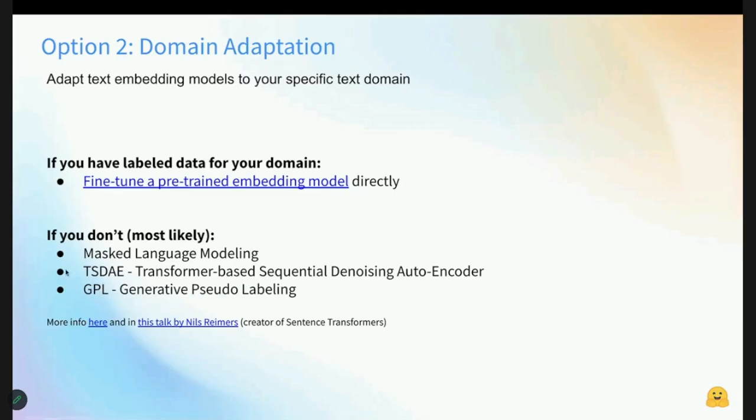There's a lot of research going on here and benchmarking, and I won't go into detail on how these work or why, and we could do that at a later time if you guys want. But just the general idea here is that if you have labeled data, you're going to get the best results. If you don't have labeled data, there are options. They're a bit more involved, and your results won't be as good as if you had labeled data, but it should still give you a boost.